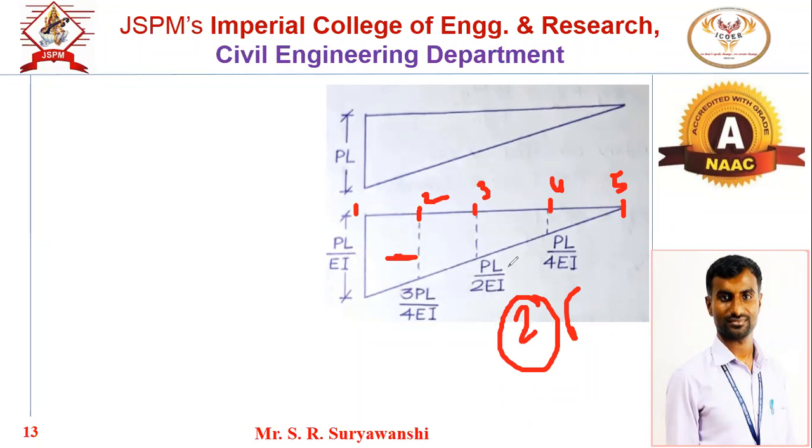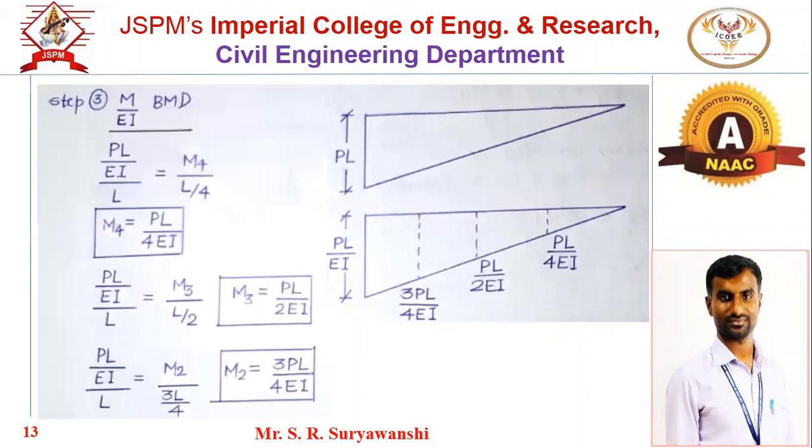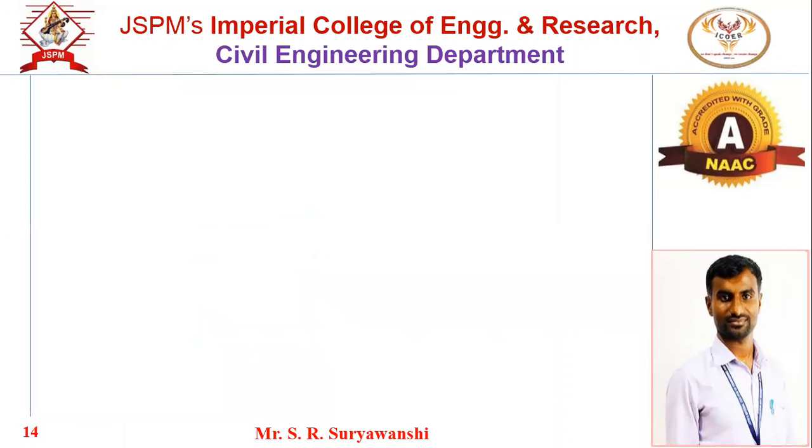So for node 3, this is the correct answer. So this is the M by EI diagram, and these are the bending moment values. What we are interested in is getting the correct values. The calculation entries will vary from student to student, but the answer for the M by EI diagram should be the same.